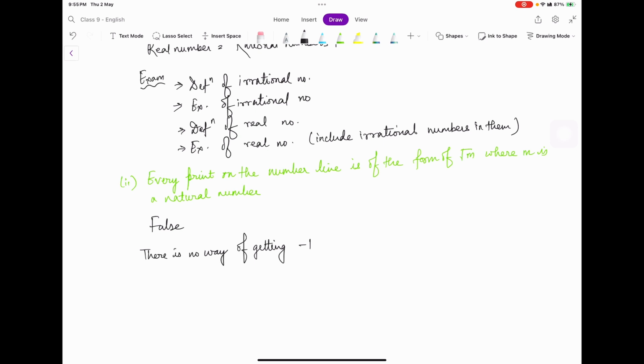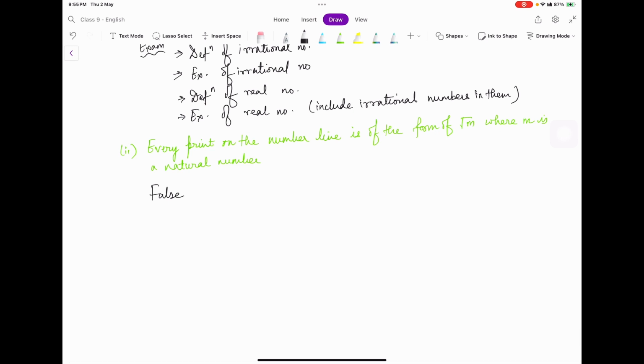See, actually, A is false because, see, you can get -1 because the square root of 1 is 1 and -1. Okay, so it is actually false because the square root of -1 is not represented in the number line.